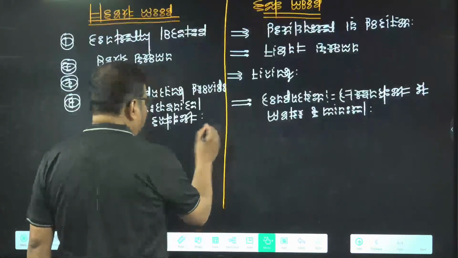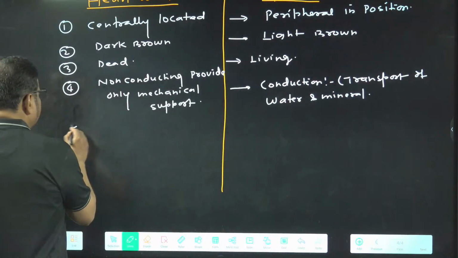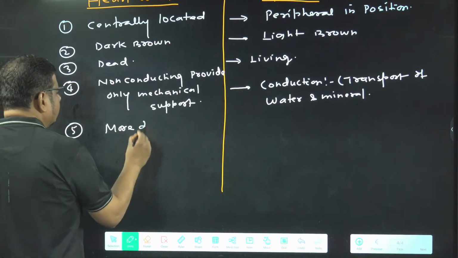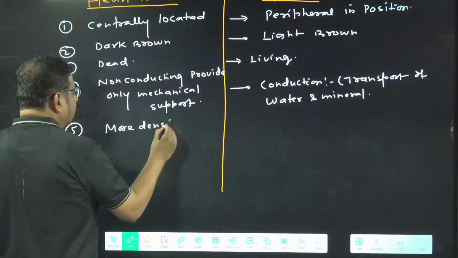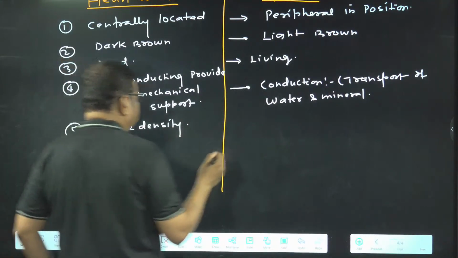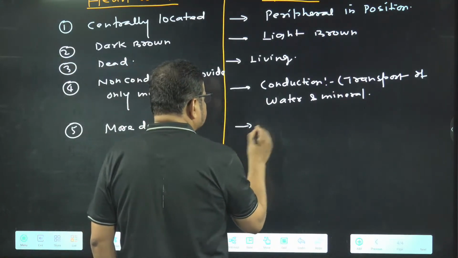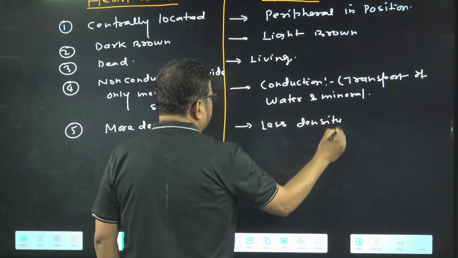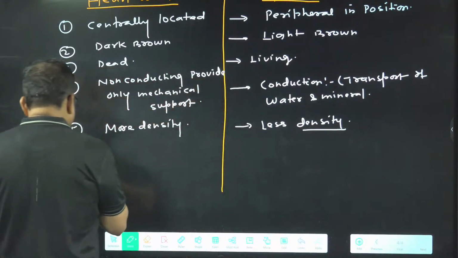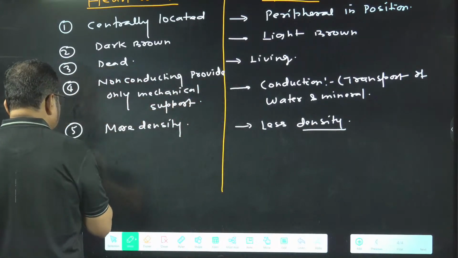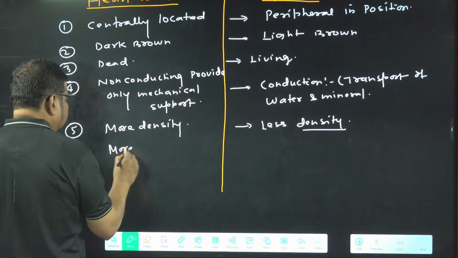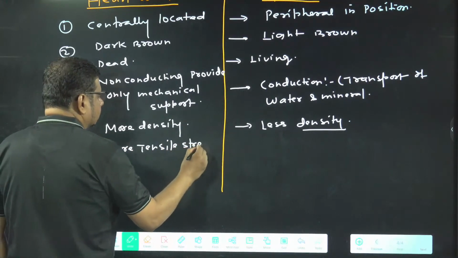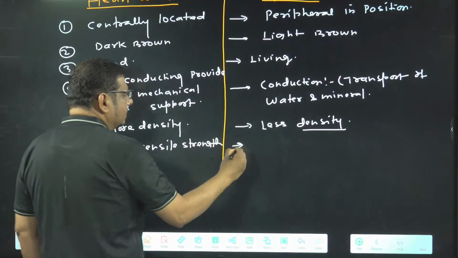If you talk about another difference, in heartwood there is more density. Here, sapwood is less dense. Heartwood has more tensile strength; here, less tensile strength.